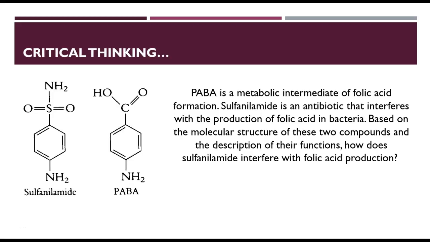One more section that I've added based on the test is critical thinking. So this scenario states PABA is a metabolic intermediate of folic acid formation. Sulfanilamide is an antibiotic that interferes with the production of folic acid in bacteria.